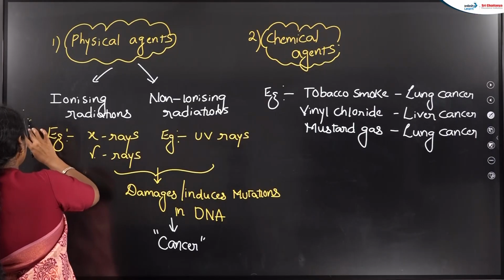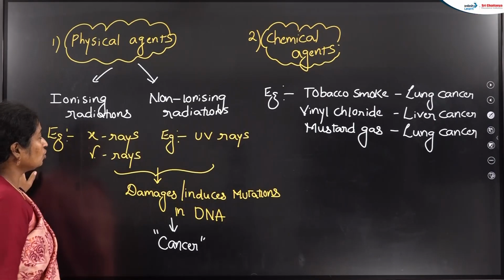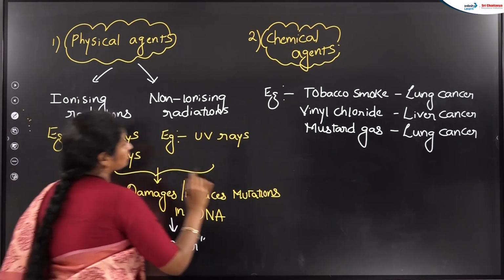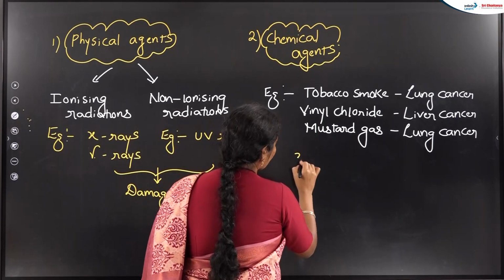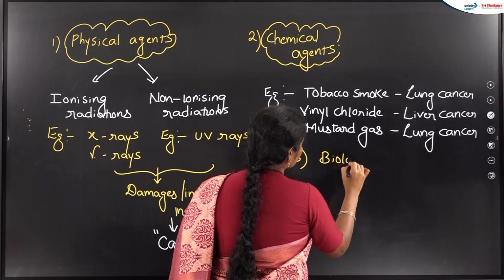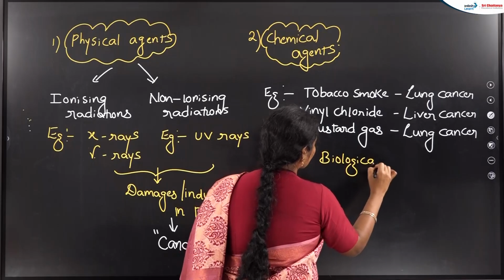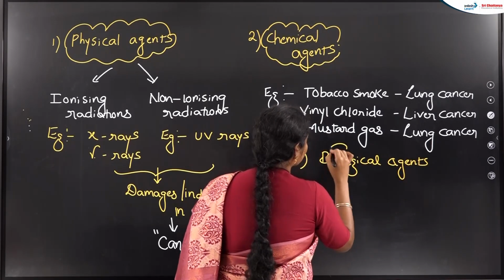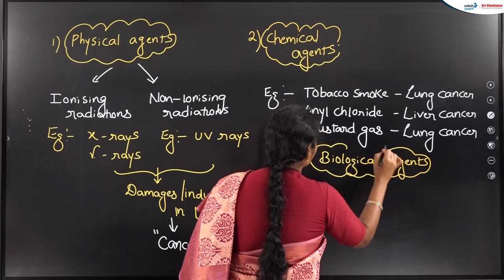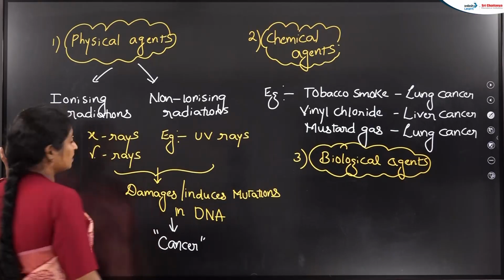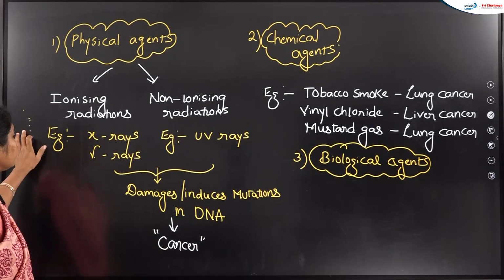Third one is biological. Biological carcinogens here are viruses. Biological agents are viruses, and these viruses are known as oncoviruses.